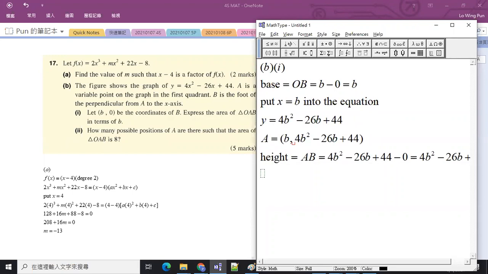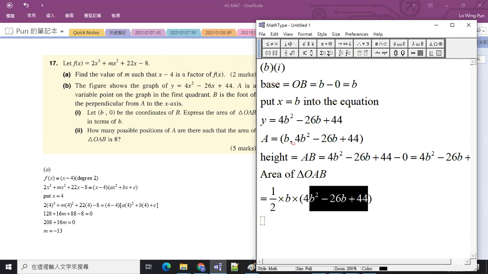Okay? And now we have the base, we have the height, then we can answer the question. The area of triangle OAB should be equal to half times base times height. Okay? And then notice that all the numbers inside this bracket are even numbers.